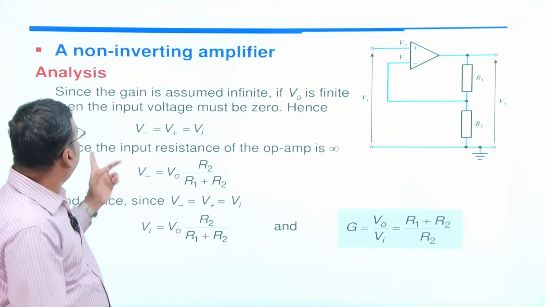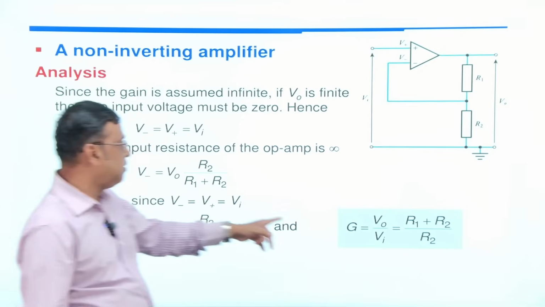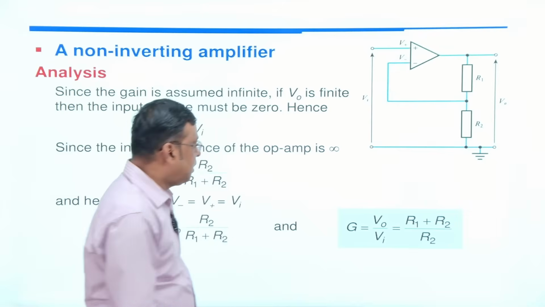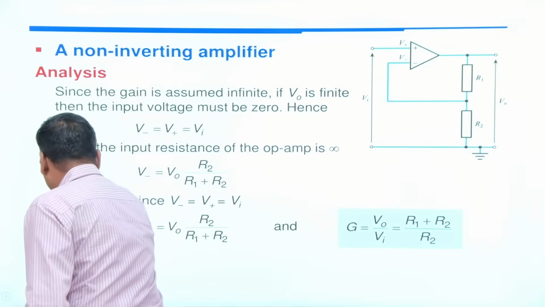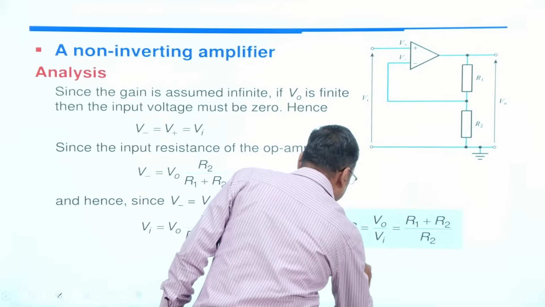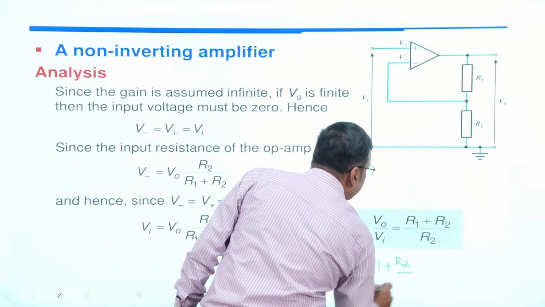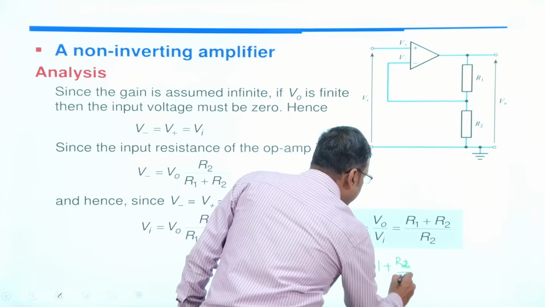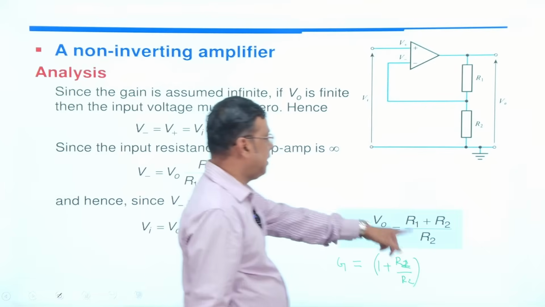Then we have discussed the non-inverting amplifier. The non-inverting amplifier gain is V0 equal to Vi into (R1 plus R2) by R2. So the gain G equals 1 plus R1 by R2, that is, R1 by R2 plus 1.